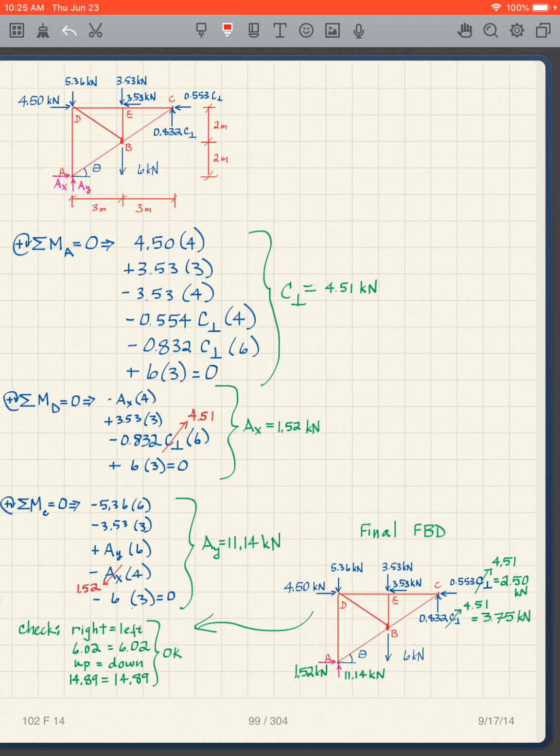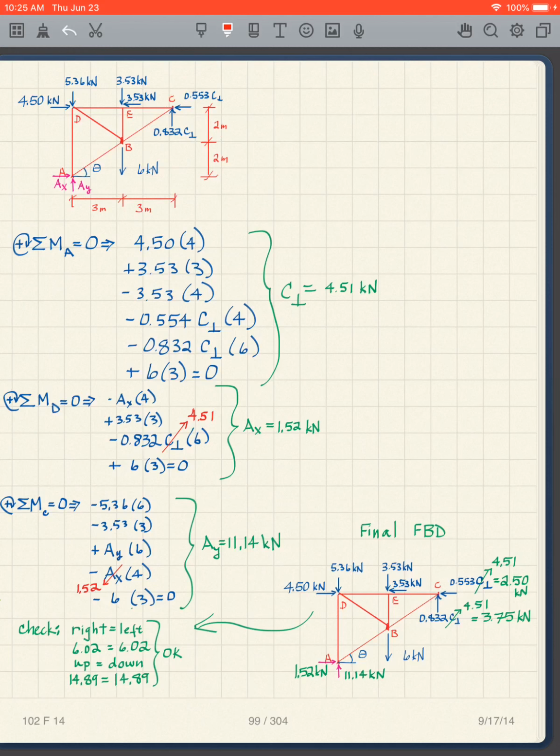Then, now interestingly enough, I can take moments about point D. Now why am I going to take moments about point D? Well, I know what C perpendicular is, but I can take moments about any point here.